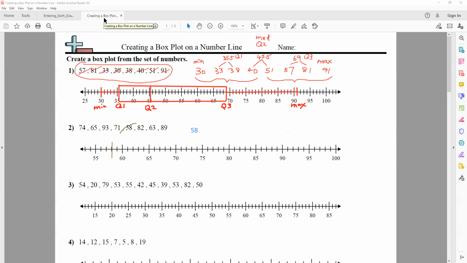I'm going to do the largest one, which is 93. Make sure you put it all the way out there because you need space to write those eight numbers. 93, okay. Cross out 93.